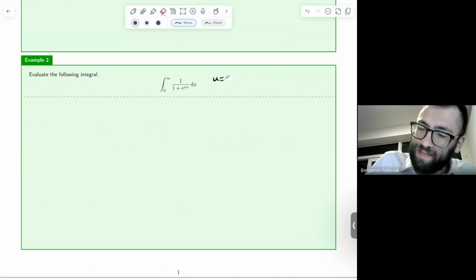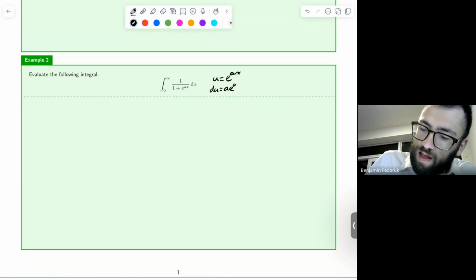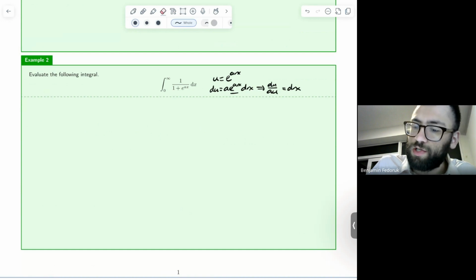So I'm going to set u equal to e to the ax. And then what we get is du is going to equal a e to the ax dx. So in other words, if I rearrange this, I'll get du over au equals dx. Notice that e to the ax is equal to u, so I just changed that to be a u.